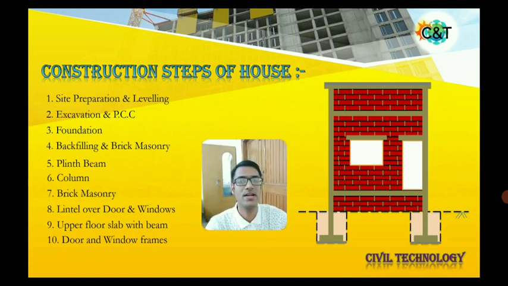Once those things are completed, you have to construct a parapet wall all around the building for safety purposes, whose height will vary as per the requirement. Generally it is 0.9 meter to 1.2 meter as per your site. Okay. So this way all the civil engineering related things come to an end.